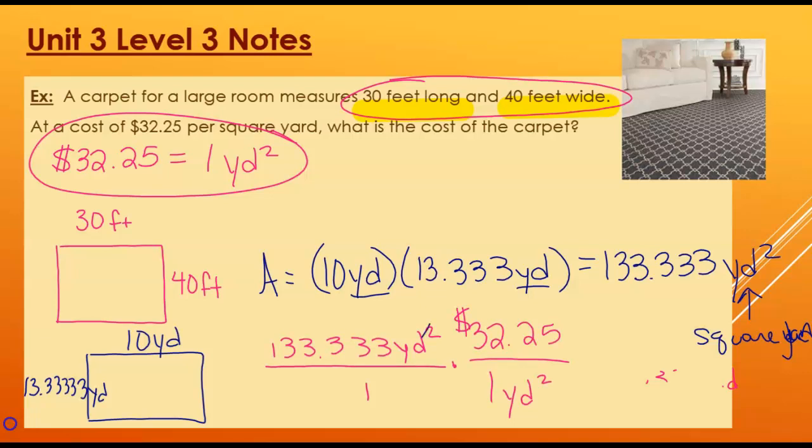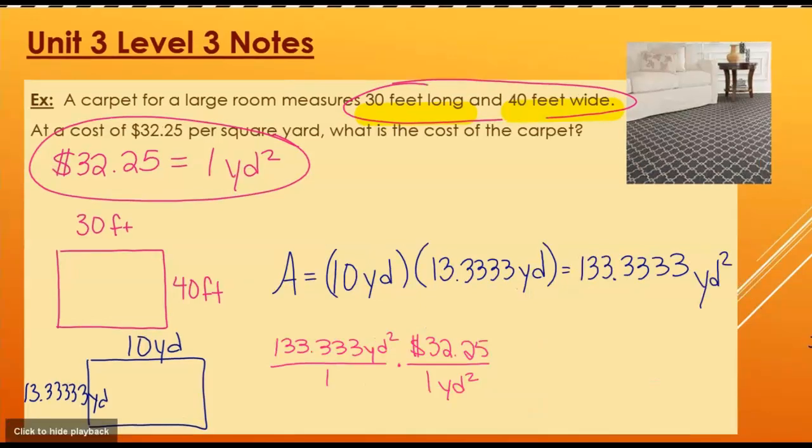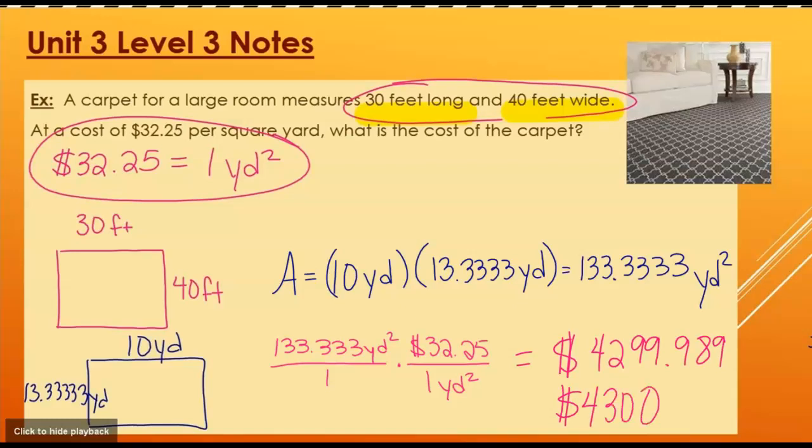Square yards cancel here, and 133.3 repeating times 32.25 is, and we get really close to 4,300, 4,299.989. So that's really close to $4,300 to add this carpet to our room.